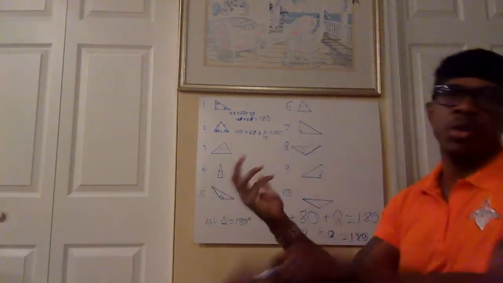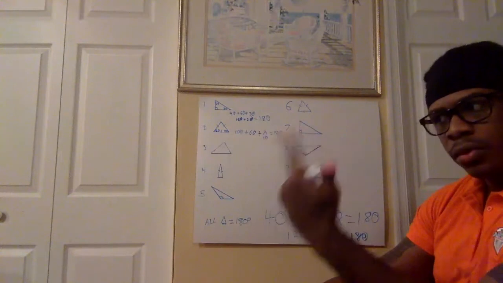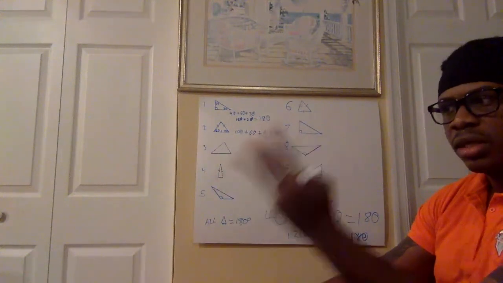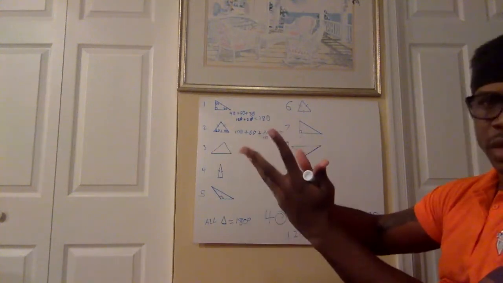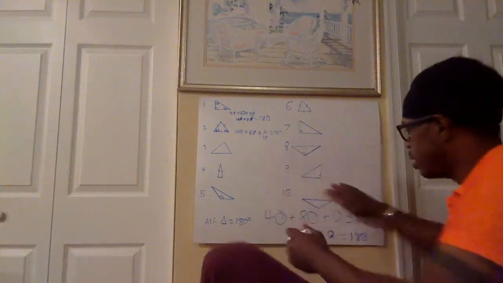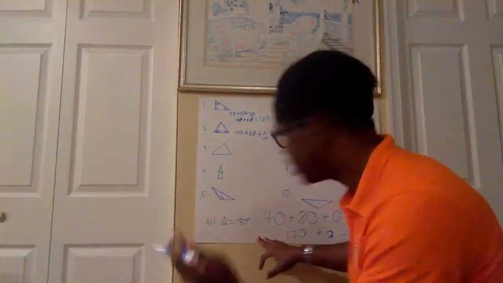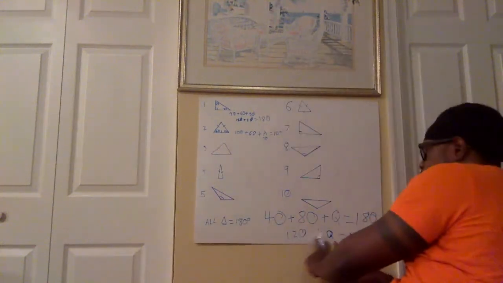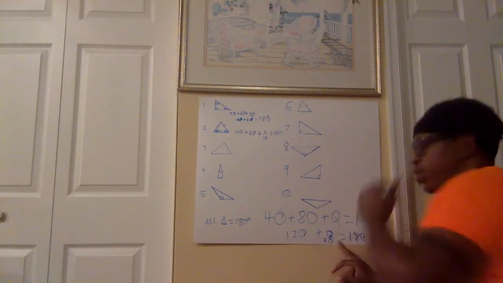So if I take the zero away from 120, I'm at 12. So 12, 13, 14, 15, 16, 17, 18. So I know that I need 6 to get up to 18, and then I add back the zeros. If I add back the 0 to 6, that's going to be 60. So I know 120 plus 60 is going to give us 180.